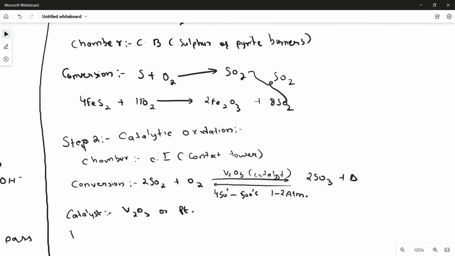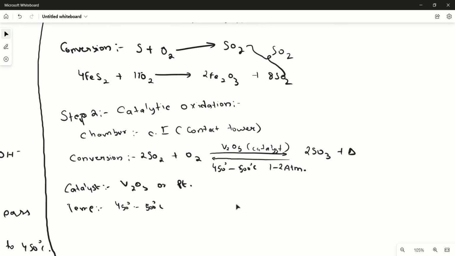Then we have the temperature, 450 to 500 degrees Celsius, and then we have the pressure, which is 1 to 2 atm, and the conversion ratio. How much sulfur dioxide is converted to sulfur trioxide? The conversion ratio is 98%. Sulfur dioxide is converted to sulfur trioxide.